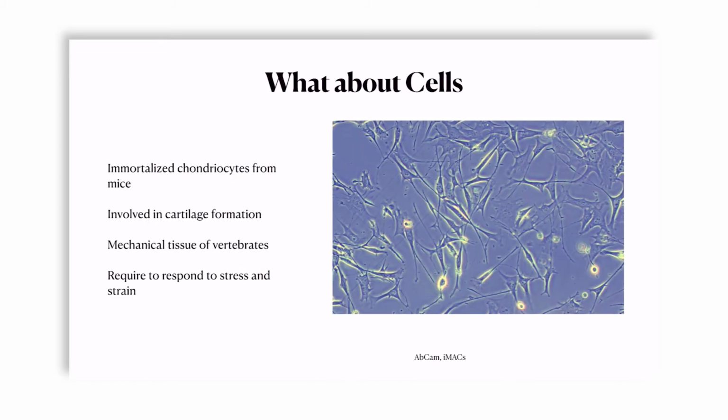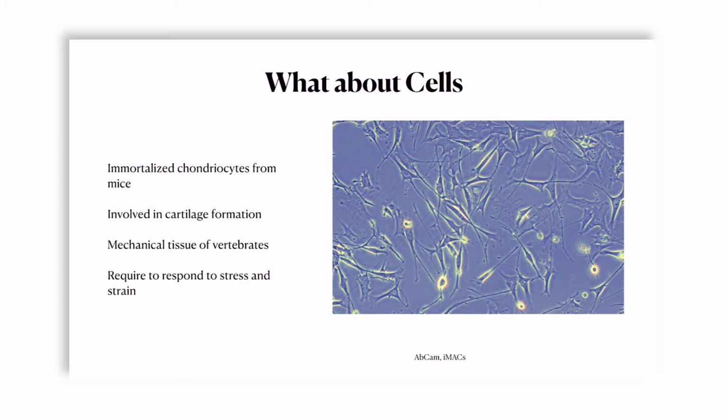So what about cells? Now, one of the many tissues in the human body that need to withstand stress and strain and mechanical deformation are chondrocytes. They form cartilage and are part of the mechanical tissue in vertebrates that respond to stress and strain.